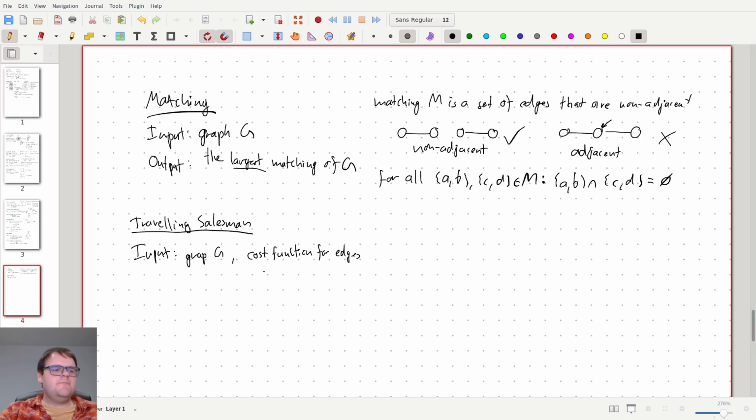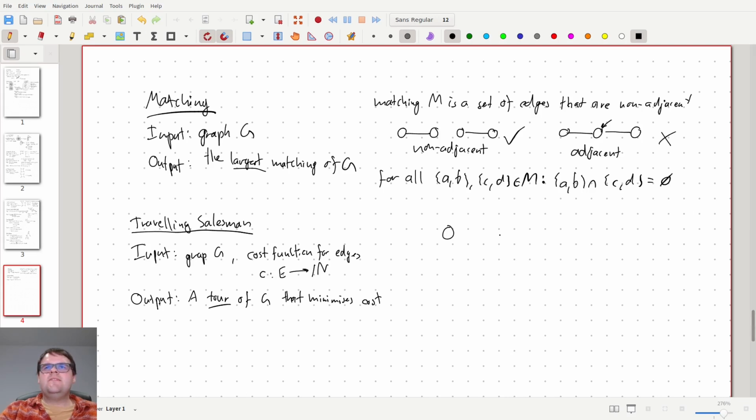What does that mean? It means we have this function c, which takes as inputs edges in E and gives you integer outputs. That's going to be the cost it takes to take each edge, to take that path. And then the output is going to be a tour of G that minimizes cost.